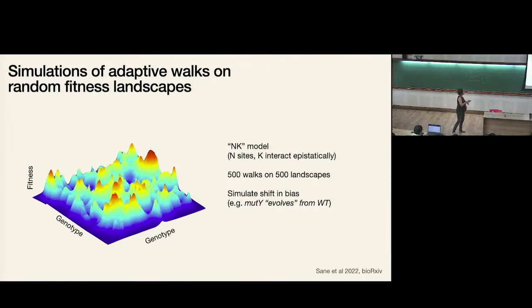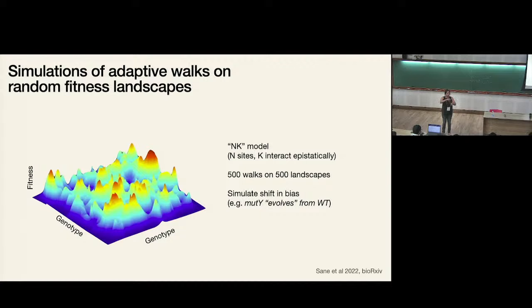Lindy sets this up for every simulation, and then plonks the wild type down at some point, again randomly, in the landscape. That's the genotype it starts with, and given that genotype, it starts with some fitness. Now she samples a random set of one-step mutations available to it and asks, of all possible one-step mutations given the genotype space it occupies, what is the DFE that would be constructed?